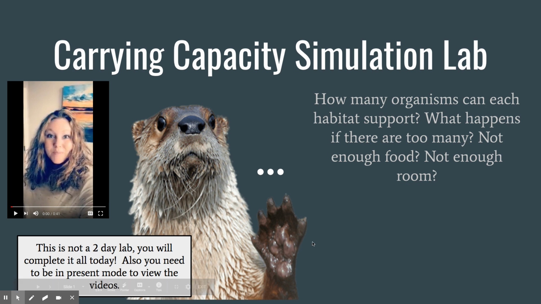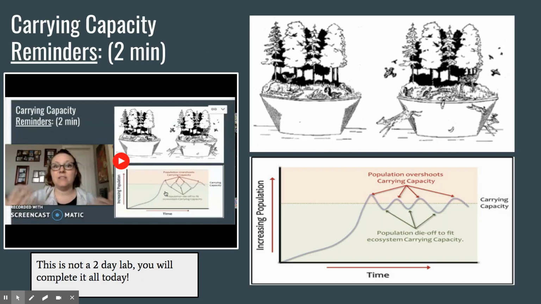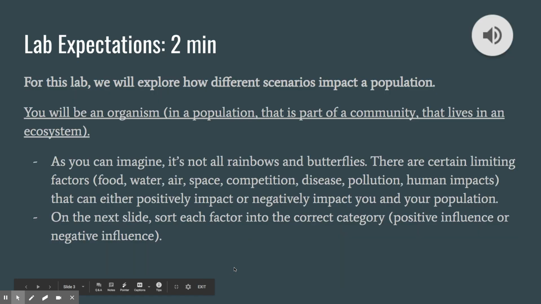Okay. So as you go through these slides, this video is a reminder of what carrying capacity is. Please make sure you read through or watch that video. Then what you're going to be doing is exploring how different scenarios impact a population. So you are going to be an organism in a population that is part of a community that lives in an ecosystem.